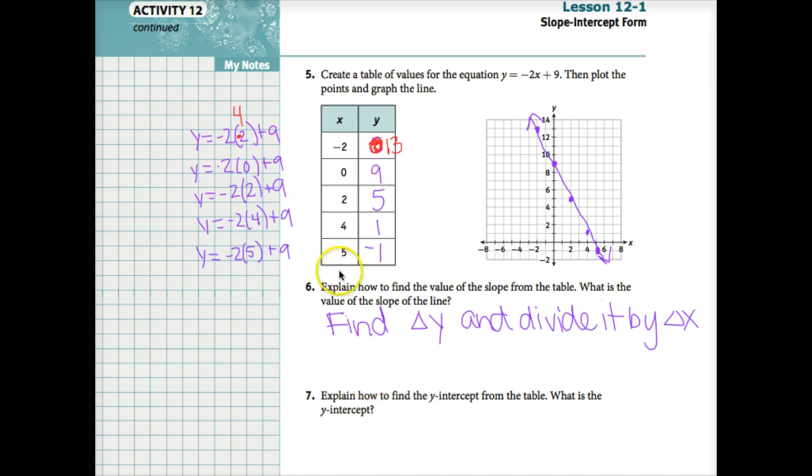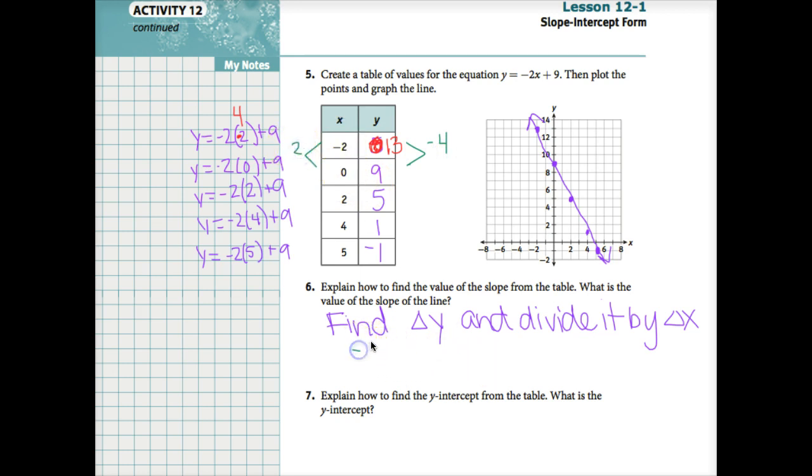So in this case, if I use a different color here, let me grab green maybe, and I look at here my delta y and delta x just from my first pair, 9 minus 13 gives me -4. 0 minus -2 gives me positive 2.